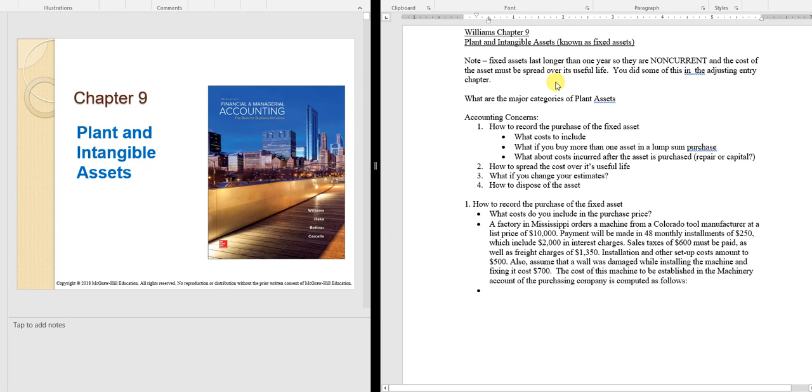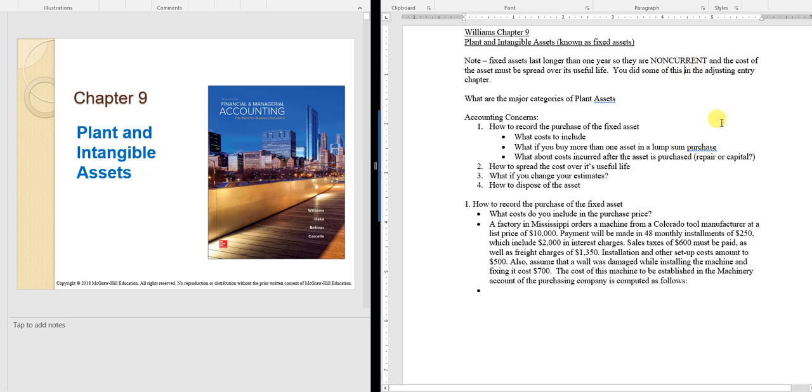Otherwise, my financial statements will look a bit strange, like I have a $30,000 car in year 1 and then nothing in years 2, 3, 4, and 5. But since I'm using that car all 5 years, I want to spread that cost over the 5 years. You have done some of this in the adjusting entries chapter.